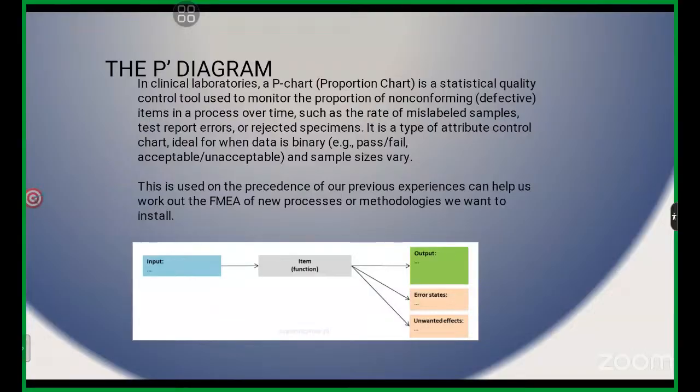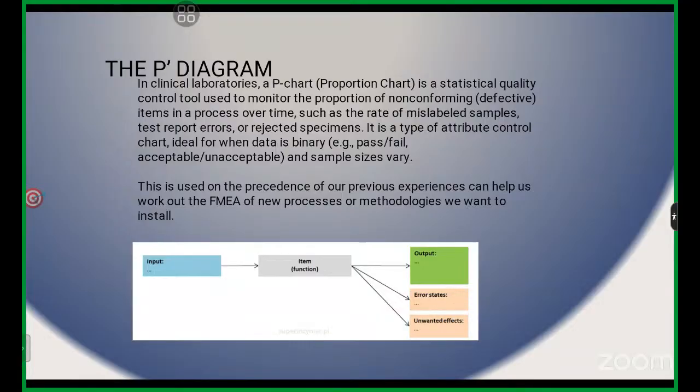Some systems are similar, and you want to introduce a new system and you know the previous system that you have been using all along. You borrow the FMEA data from the other methodology, and now you use FMEA to analyze the new process or methodologies that you are beginning to install.